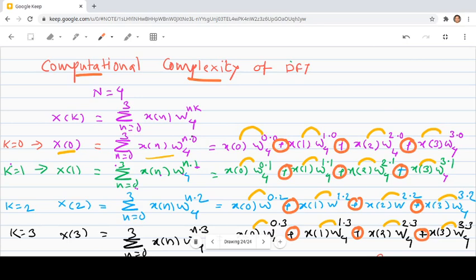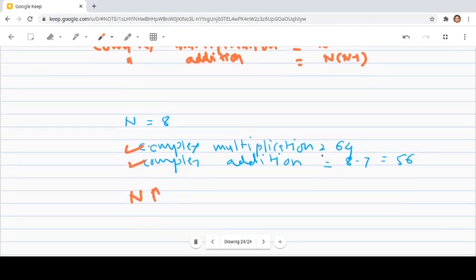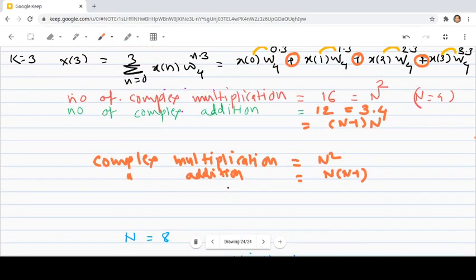So there has to be some approach or method so that these additions and multiplications are reduced, and hence we have to discuss a transform called the fast Fourier transform, which reduces the number of complex multiplications and complex additions. So the new lecture in the new series will be on the fast Fourier transform, which drastically reduces the number of complex additions and complex multiplications.